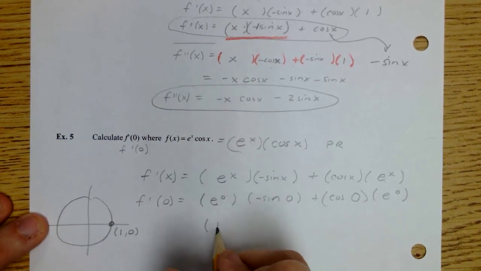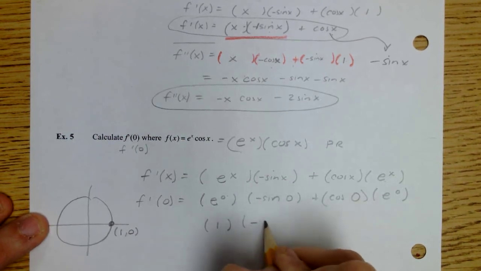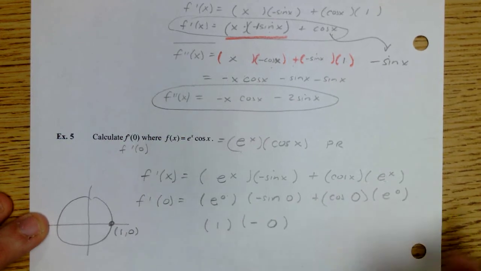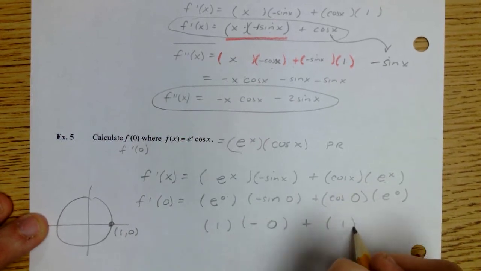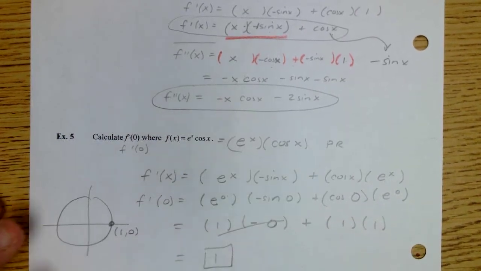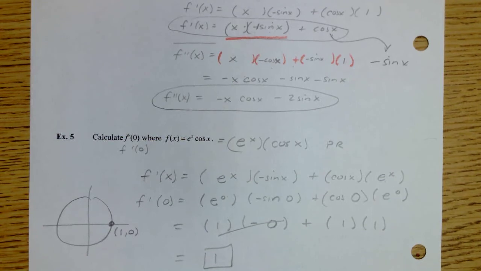Anything to the 0 power is 1 minus the sine of 0 is negative 0 plus the cosine of 0 is 1 times 1 equals 1. And I'm done.